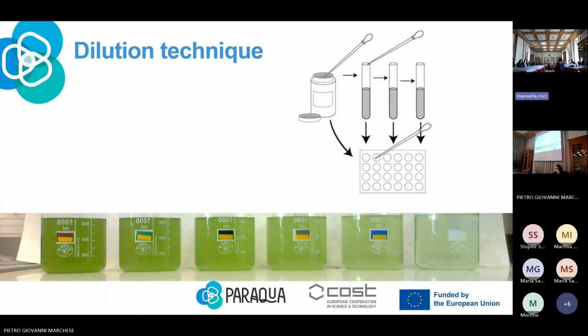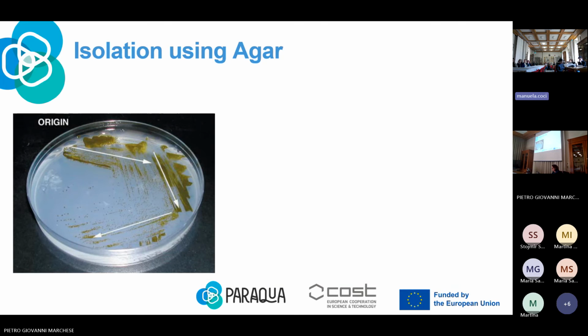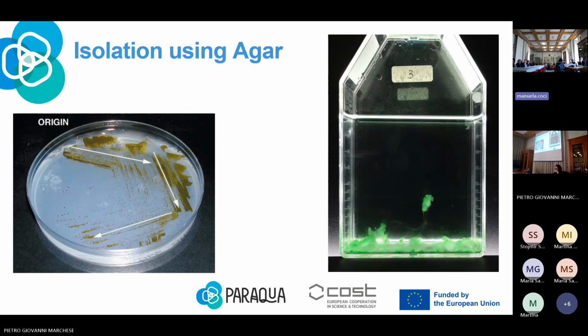We could apply it and serially dilute the water sample, but by this method we are unable to obtain a culture without the main bacteria, without heterotrophic bacteria, because they can easily overgrow the culture. We can also use Petri dishes and isolate cyanobacteria on agar. A lot of cyanobacteria can grow well on agar.